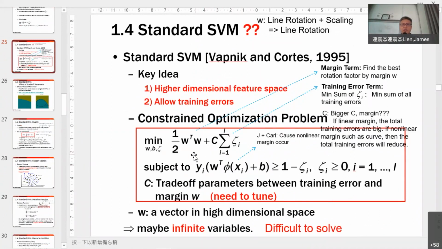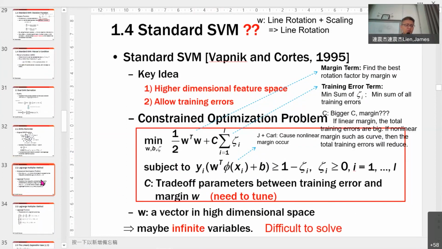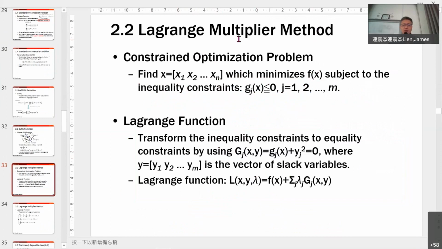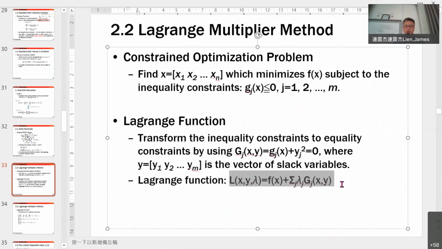This is basically a Lagrange. So we'll go to Lagrange. The equation for Lagrange is this one, and this is its condition. So this is the original equation.